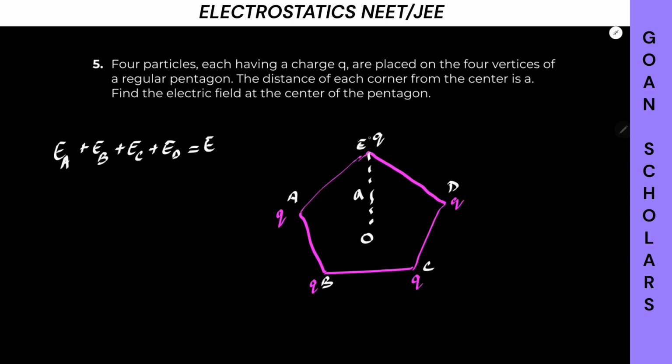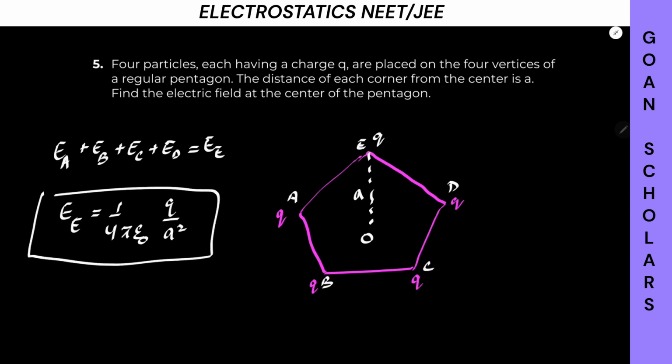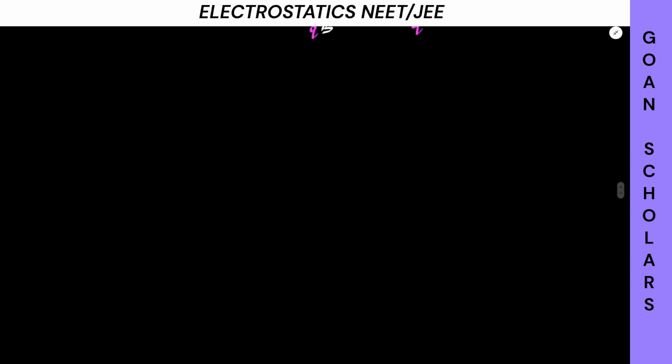Let's call its field EE. So what is our EE? This will be equal to 1 by 4 pi epsilon naught Q by a square. Our fifth charge's electric field must be equal to the sum of all other four charges. Only then does the resultant reduce to 0. I hope this is clear. This is our fifth one.